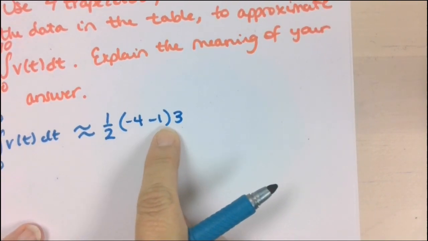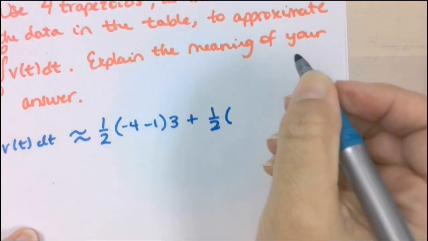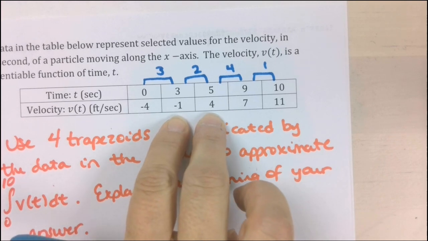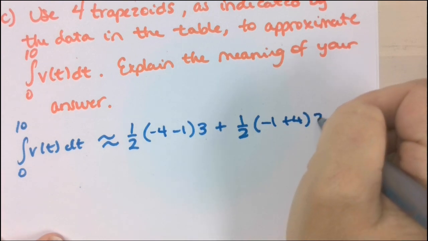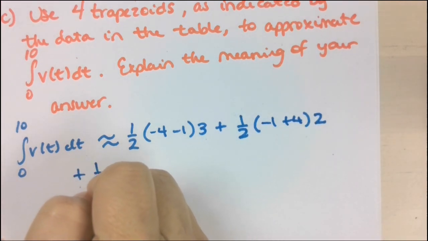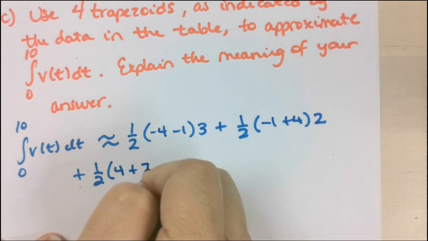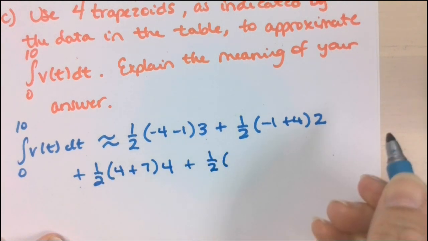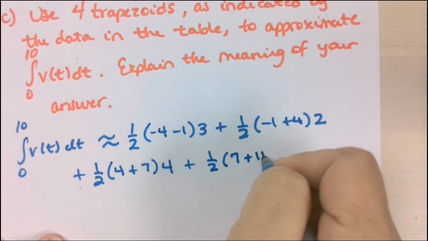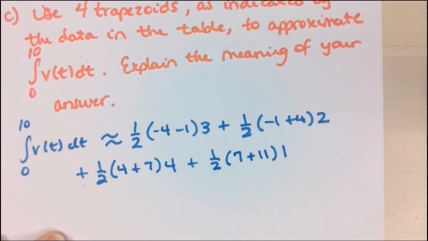So 1/2 times (-4 plus -1) times 3, plus 1/2 times my 2 bases on the next interval, -1 and 4, so (-1 plus 4) times the height, which is 2, plus 1/2 times the bases on the next interval, which are 4 and 7, and the height is 4. And for my last trapezoid, the bases are 7 and 11, and the height is 1. And remember, there's no need to find out what that's equal to. We can just leave it in that form.